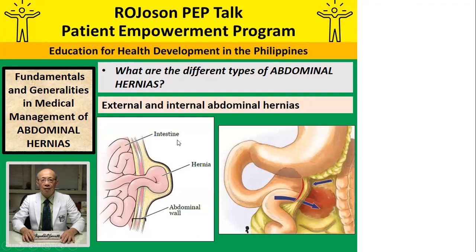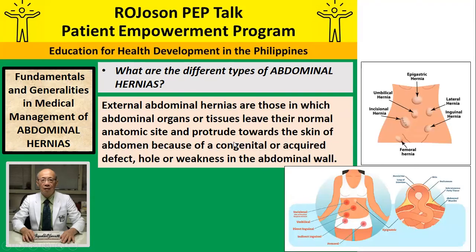So the first category of type will be external and internal hernias. So here you have external hernias, and then this one is internal hernias. External abdominal hernias are those in which the abdominal organs or tissues leave their normal anatomic site and protrude through towards the skin of the abdomen because of a congenital or acquired defect or hole or weakness in the abdominal wall.